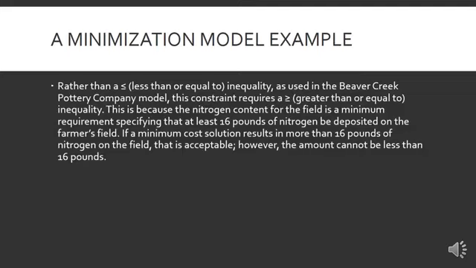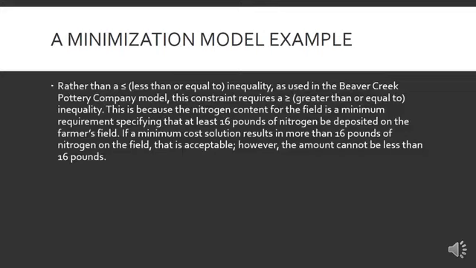Ibig sabihin, hindi bababa sa 16 pounds yung kailangan nating gamitin na nitrogen. Okay, so hindi kagaya nung sa maximization na kumbaga dapat lesser than, dapat lesser than. Ito naman dapat higit pa sa 16, so minimum na 16 pounds ang ibig sabihin nito.